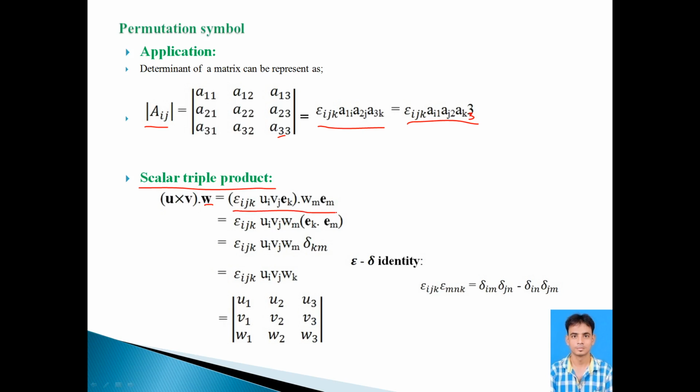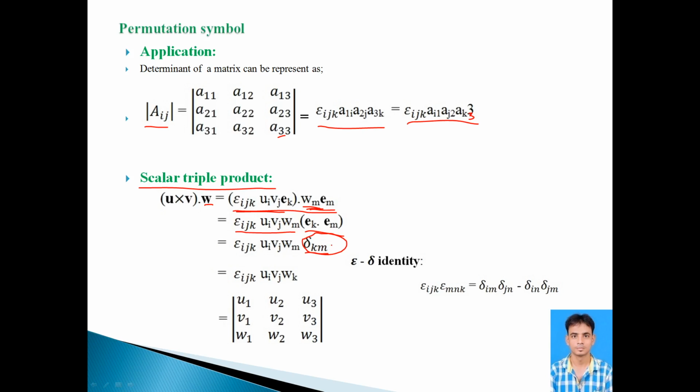We have already seen that u cross v is written like this, dot w written as wm. Now wm is a scalar quantity, and ek dot em can be written as Kronecker delta km.